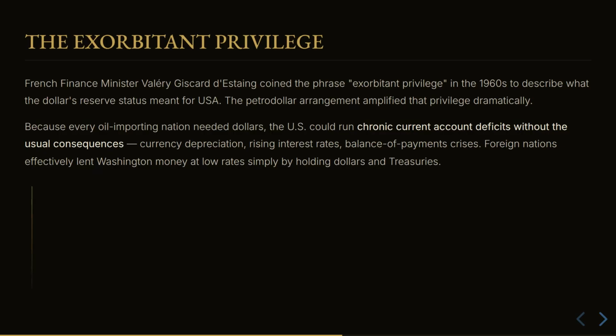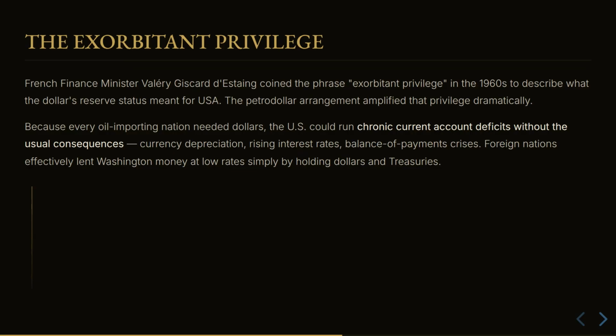The French finance minister Valéry Giscard d'Estaing, I don't know how that's pronounced, coined the phrase exorbitant privilege in the 1960s to describe what the dollar's reserve status meant for the USA. The petrodollar arrangement amplified that privilege dramatically.